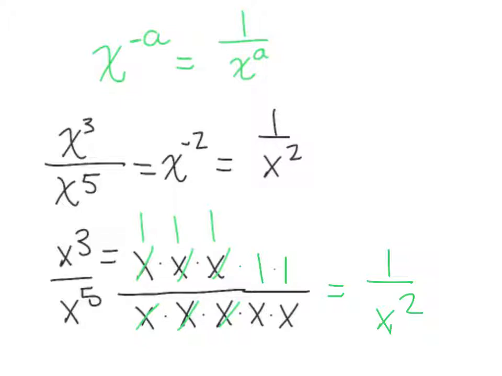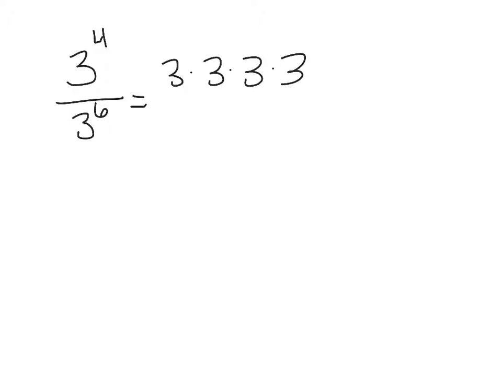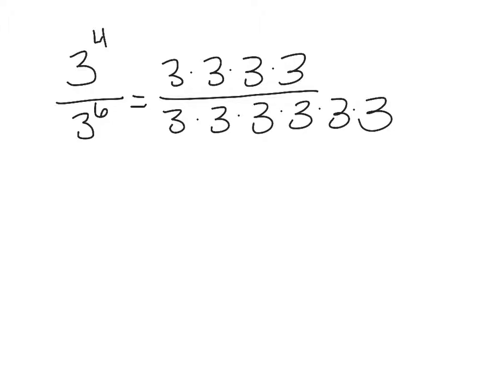Now, what I can do is another example. Instead of using x's, I can use whole numbers to make a little bit more sense. So for this example, let's do 3 to the 4th over 3 to the 6th. So that's like saying 3 times 3 times 3 times 3 over 3 times 3 times 3 times 3 times 3 times 3.